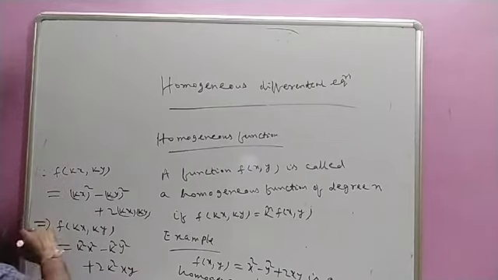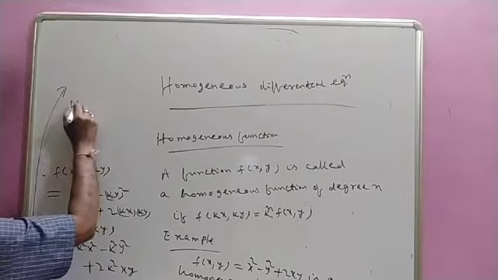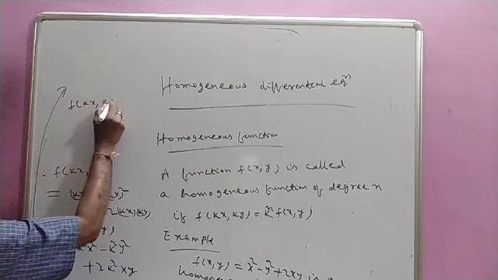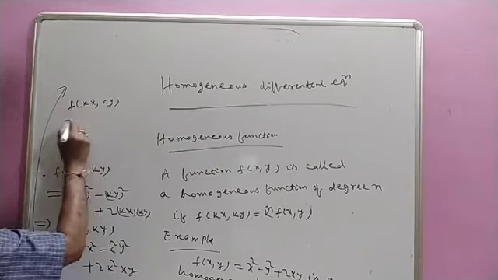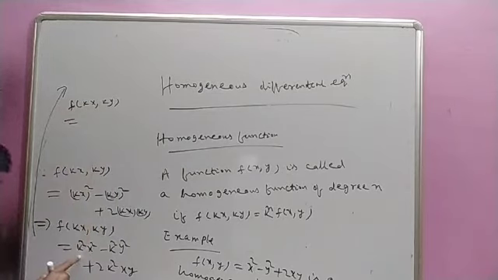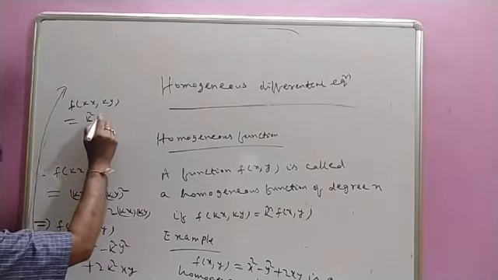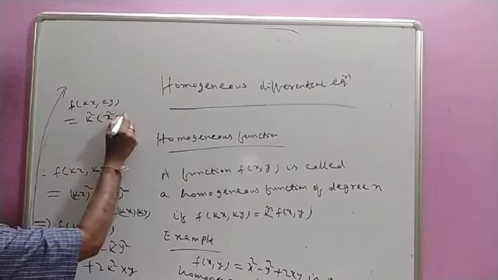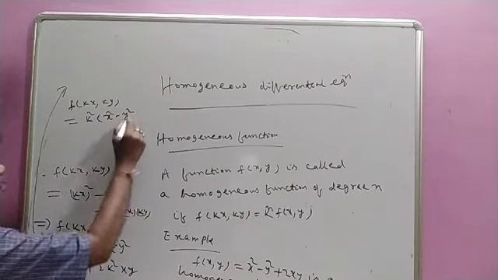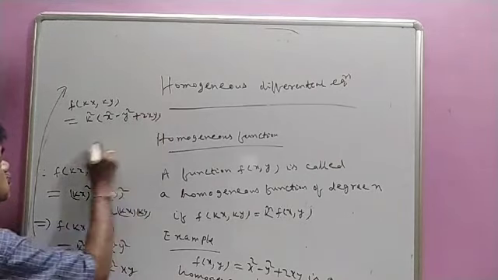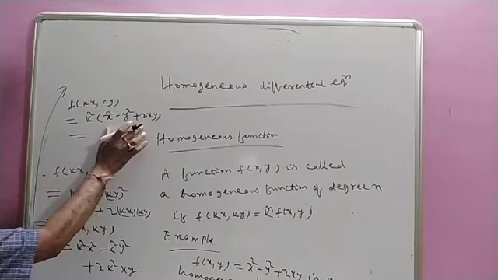Then f(kx, ky) is equal to k square, k square, k square, so you can take common k square. Then you have x square minus y square plus 2xy. What is x square minus y square plus 2xy?